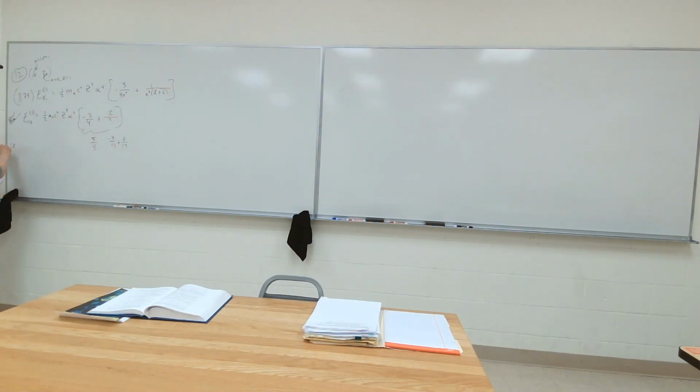And for the 2p states, that would be E sub 2, 1, and that's 1/2 mc squared, Z to the 4th, alpha to the 4th, and then this would be minus 3 over 4 n squared, so that's n to the 4th, so that's 16, right?